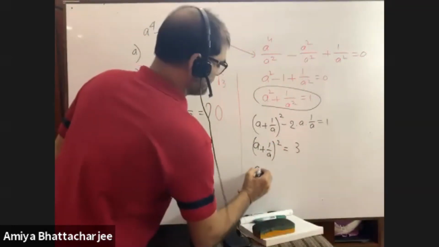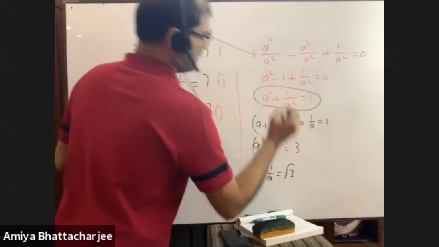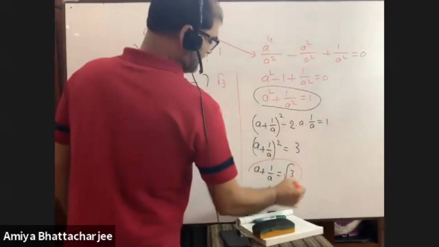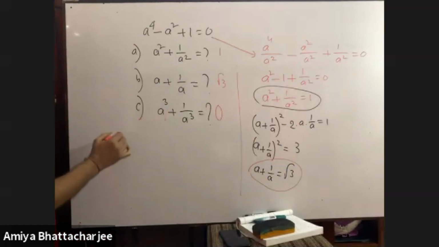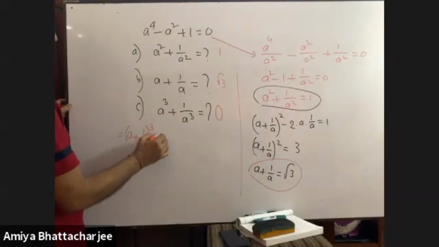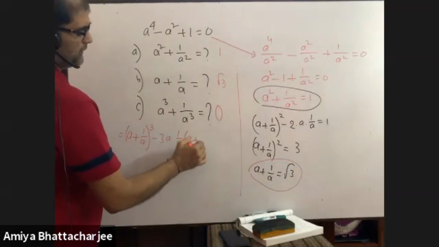So we can write a plus 1 by a equals root over 3. So you have got another answer, root over 3. And I think a cube plus b cube can be done by you very easily. It can be written as a plus b whole cube minus 3ab into a plus b.